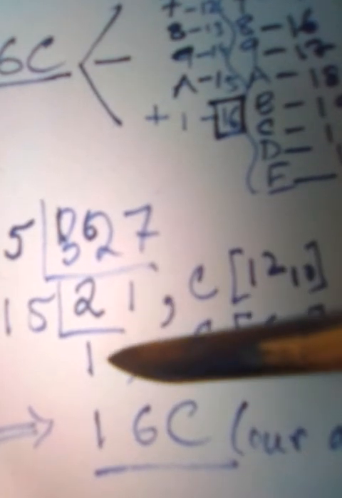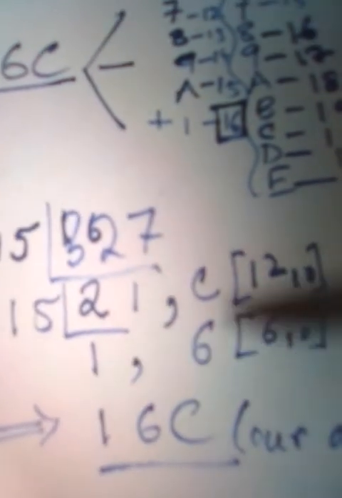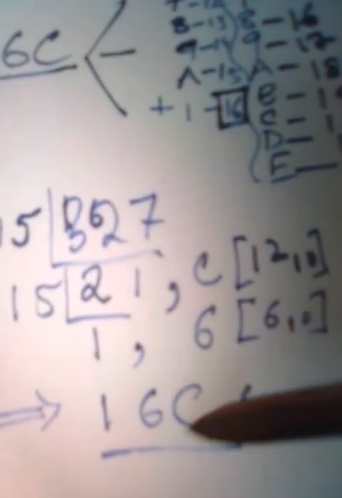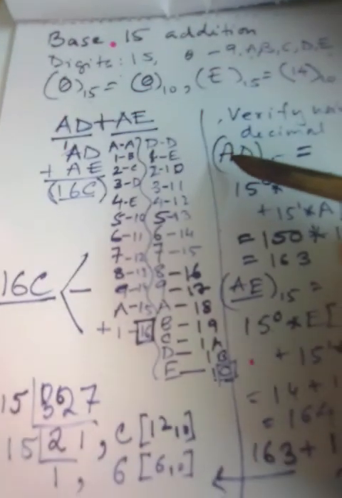As you already know, we write from the last remainder to the first, so we have 16C, which is basically our answer, the same as before. So that's an example of base 15 addition.